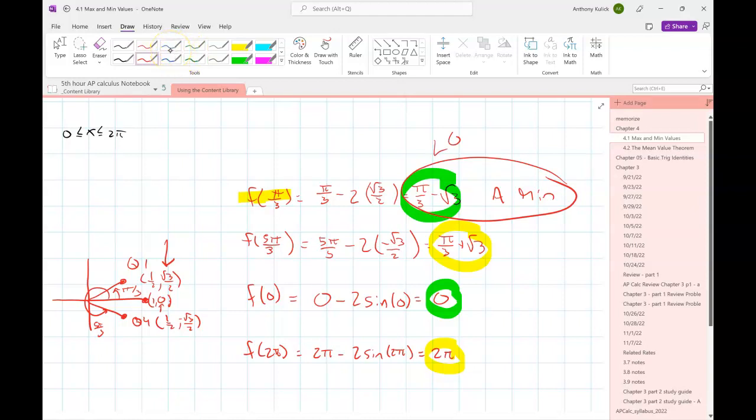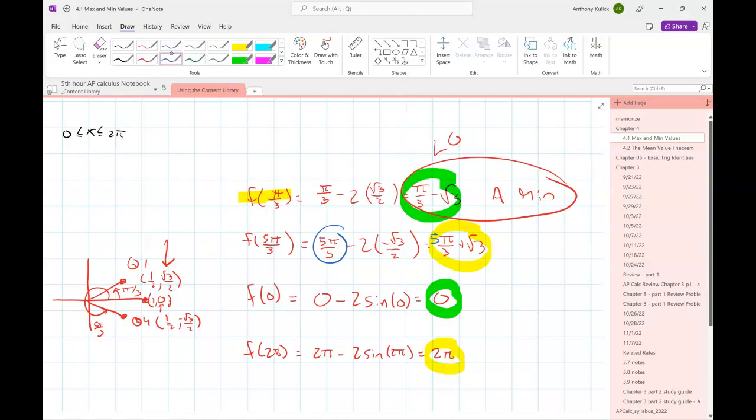And then let's look at the other one. Look at this, guys. That was 5π/3, so that should be 5π/3 plus √3. 5π/3 is going to be about 5-ish, right? 6π/3 is like 6.2-ish.